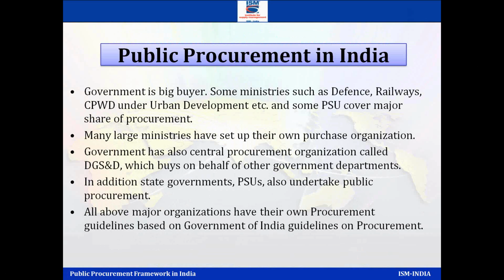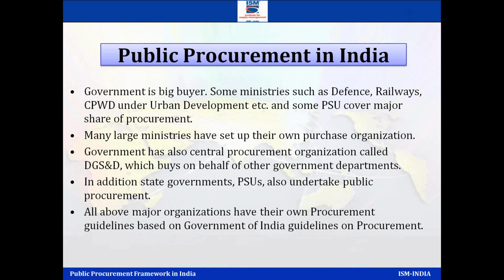Some ministries are defense, railways, CPWD, urban development, all the highways, schools, and health. They cover all these funds. And most of the PSUs are supposed to cover their own cost. But there are some PSUs that depend on the government, so some funds go there.